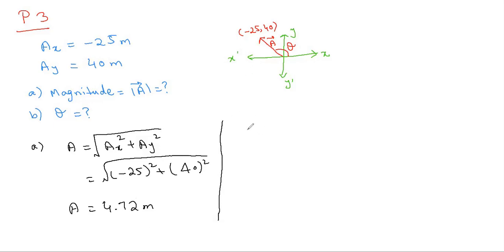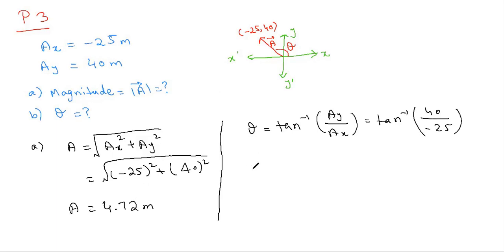Now we can find angle theta. Theta equals tangent inverse of A y over A x, that is tangent inverse of 40 over minus 25. Theta will be minus 58 degrees.